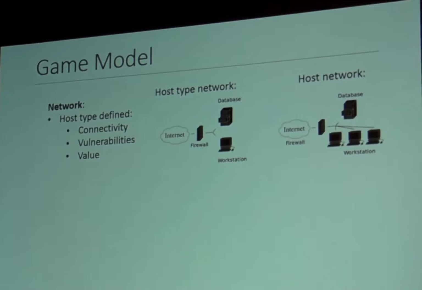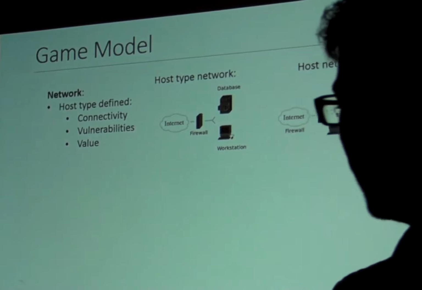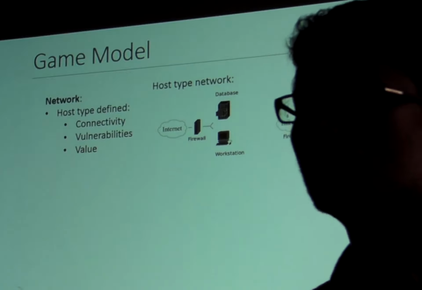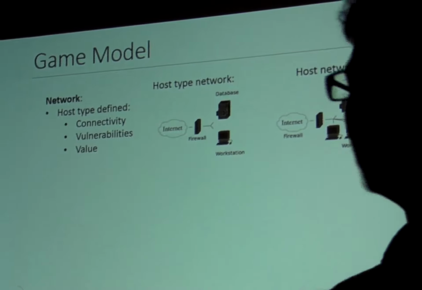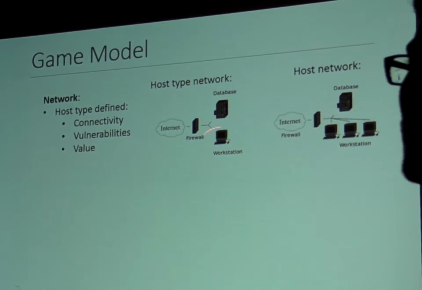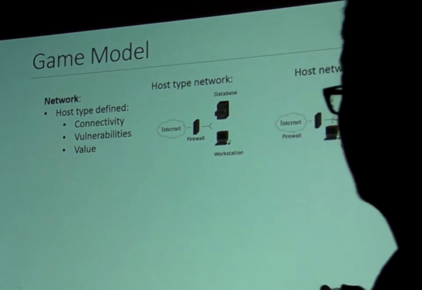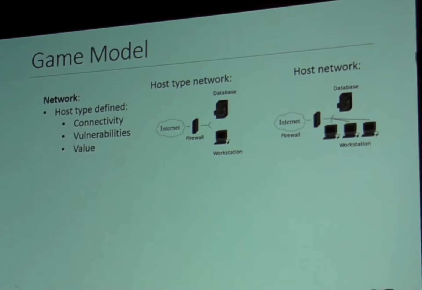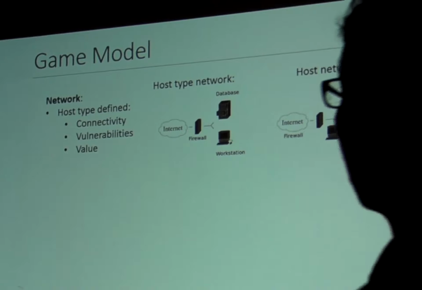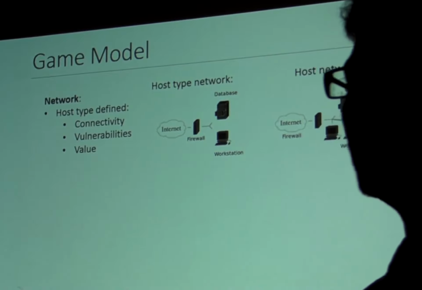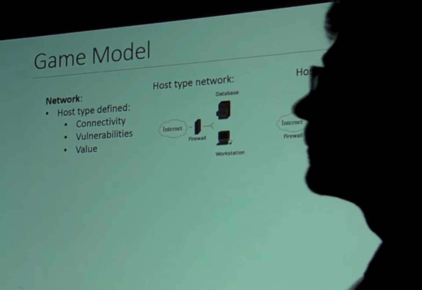If there are hosts that have the same connectivity, vulnerability, and values in the network, we abstract them and assume it only once in the network, because it's the same, right? So assuming only one of those reduces the size of the problem, and we don't omit any possibilities of how the attacker could attack the network.